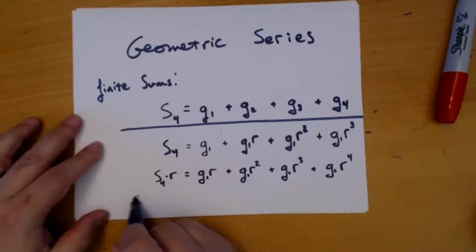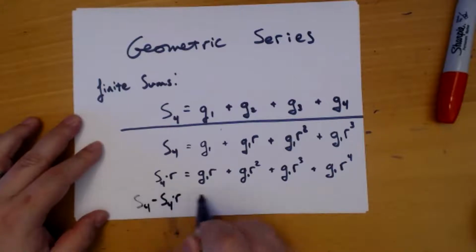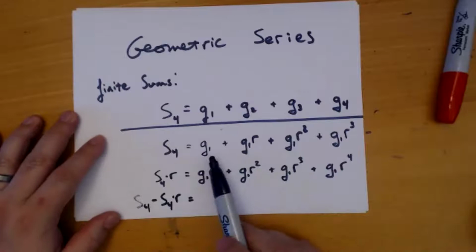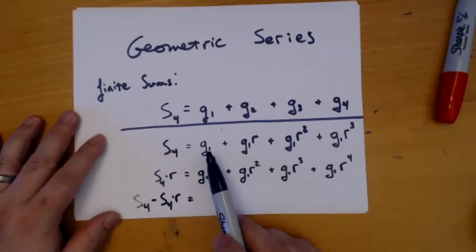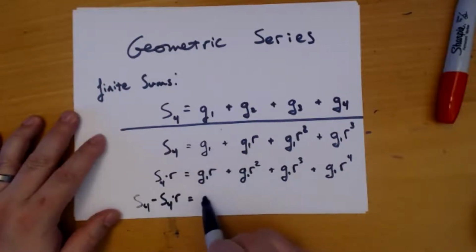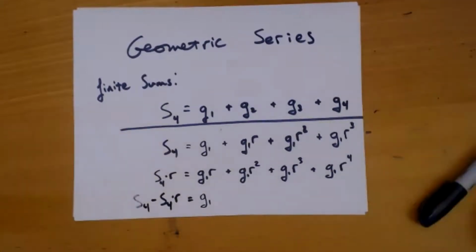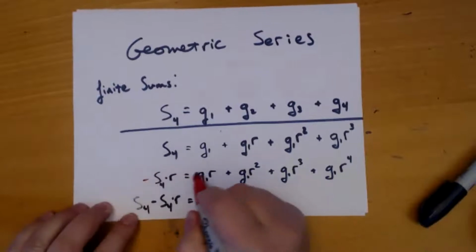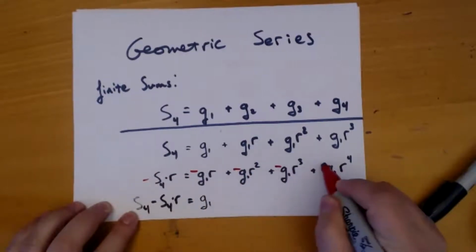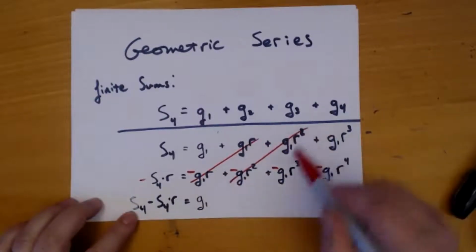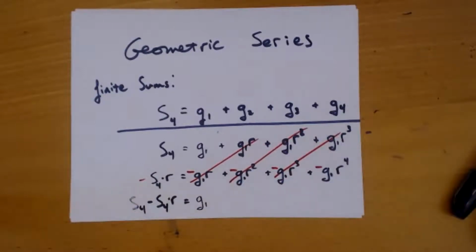And we get... now, if we look at that, this guy is going to stick around. But all of these fellas down here are going to become negative, and they're going to cancel out with the fella above it.